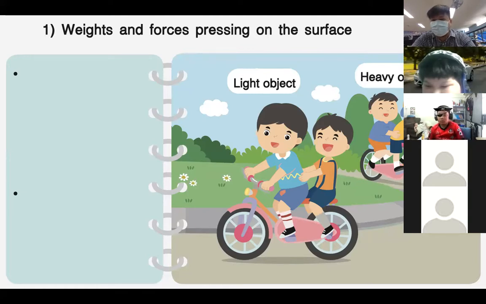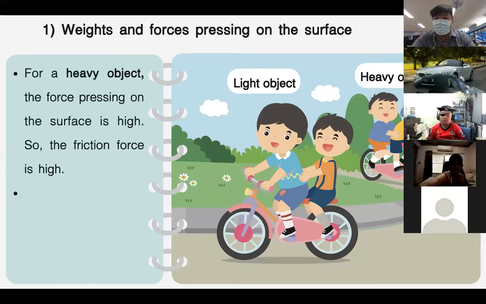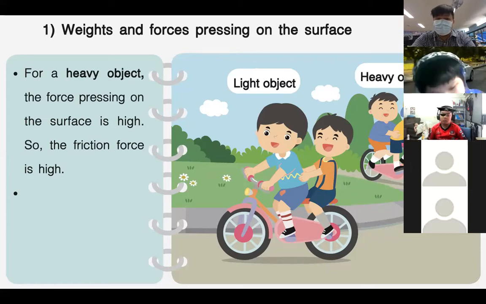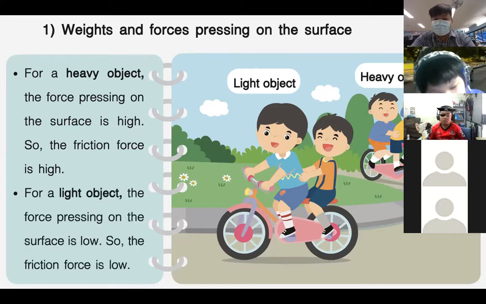So frictional force also depends on the weight of an object. For the heavy object, the force pressing on the surface is high, so the friction force is high also. I mean to say, it makes the bicycle move slower because the object is heavy. Now for the light object, the force pressing on the surface is low, so the friction force is low.